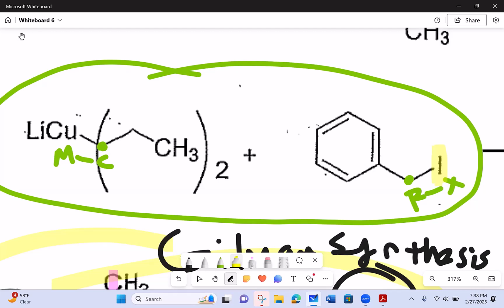You know how we did the copper attack, that soft carbon, and then reductive elimination, and all the rest of the steps that ensued after that. Because it's an sp3 carbon, the mechanism is probably similar to just a substitution. Similar, but not the same.